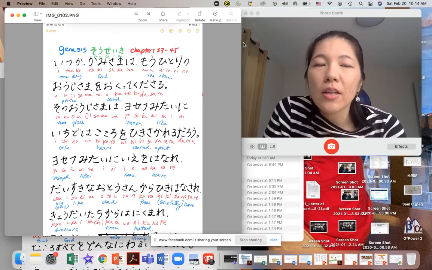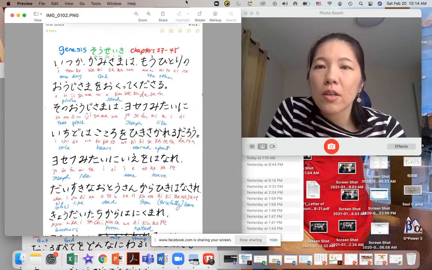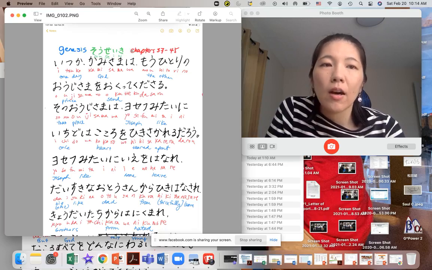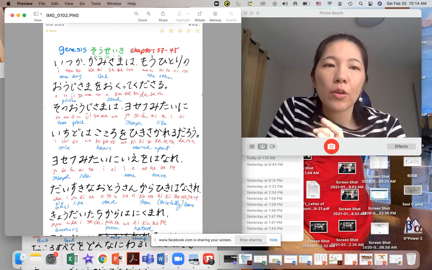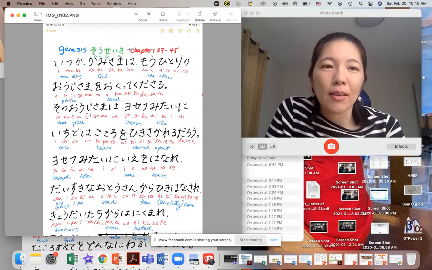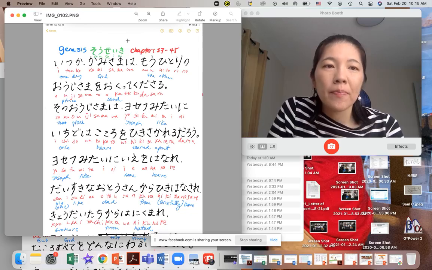And Genesis in Japanese, you can see in green letters, is Soseiki. It's like the book of the world created. That's what it means. When you write it in kanji, we can see it right away, if you know the kanji, of course.